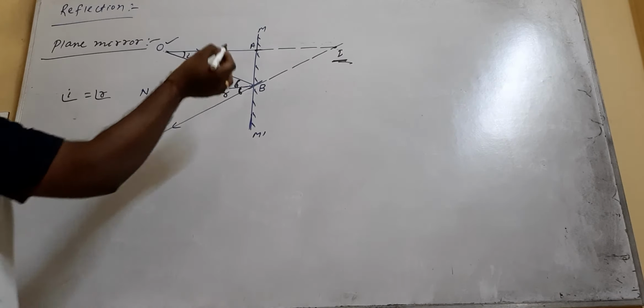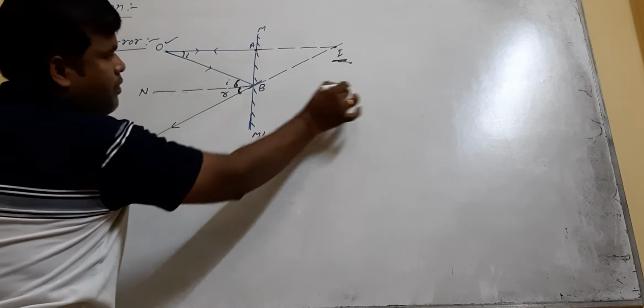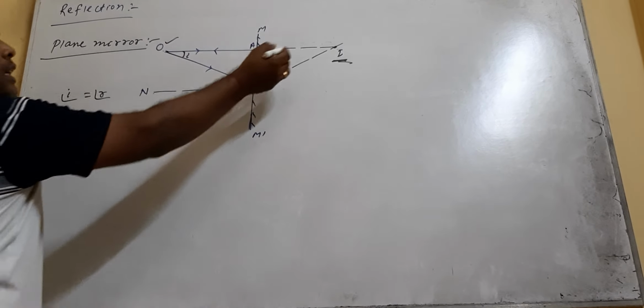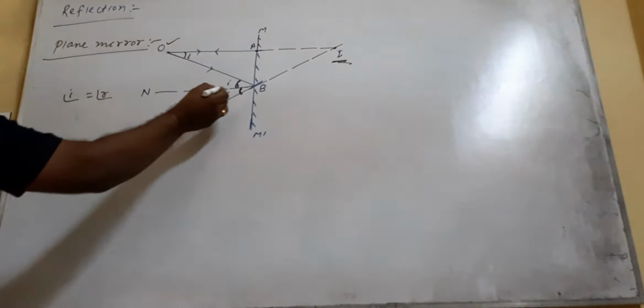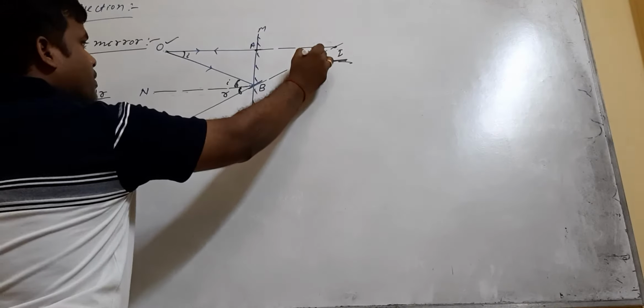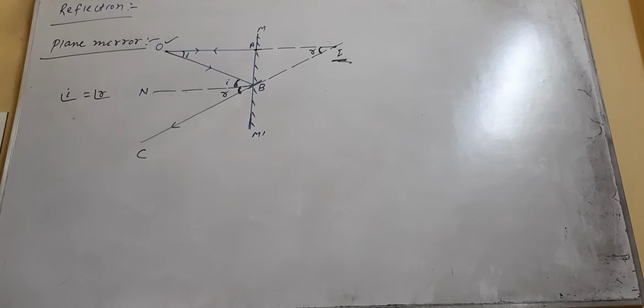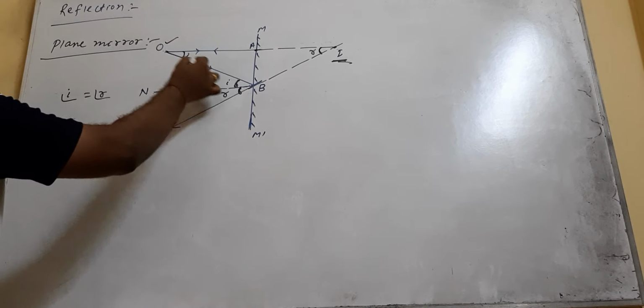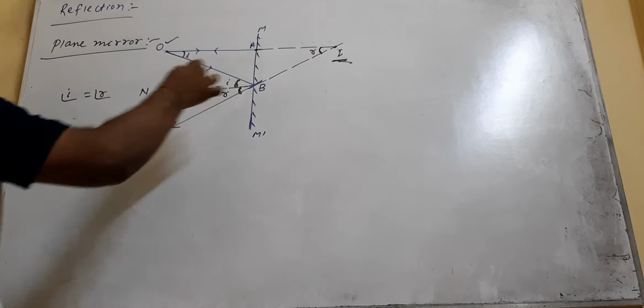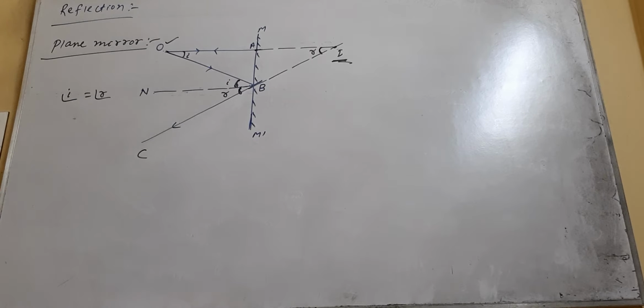Similarly, these two are parallel lines, this is the intersecting line, this angle is equal to this angle, that is your R. But you know I is equal to R, that's why AOB and AIB are equal.